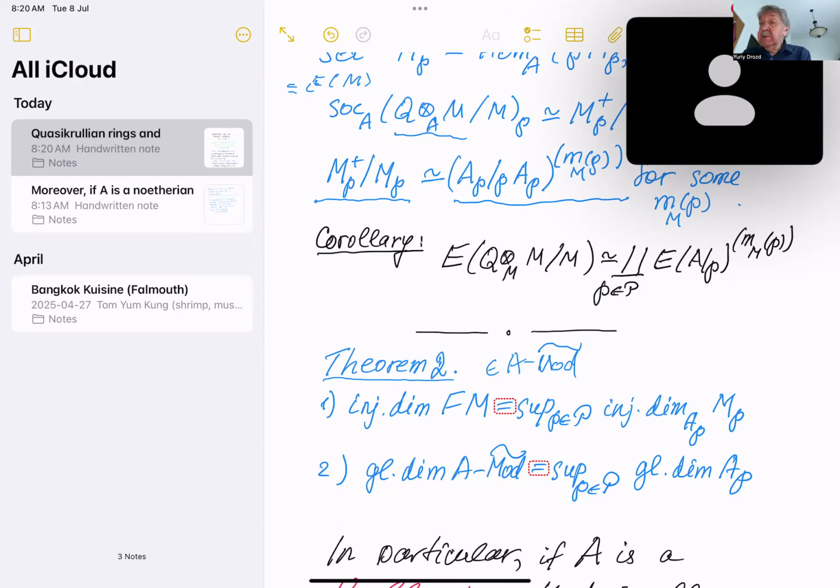And the global dimension of this tilde category equals the supremum of global dimensions of localizations of A at primes of height 1.